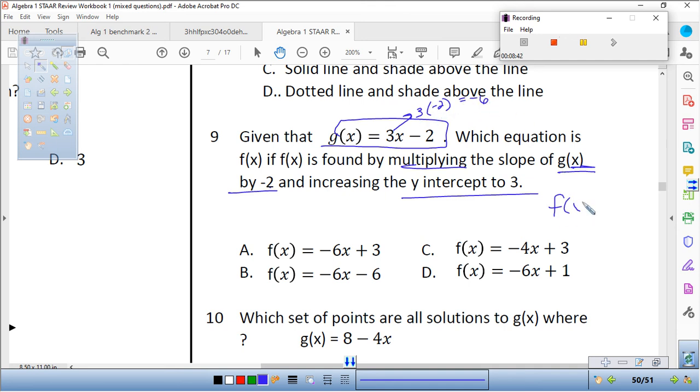So f of x now has a slope of -6x, all right? Increasing the y-intercept to 3. The y-intercept here, I don't even care anymore. They're saying change that to a 3. So that one's good. -6x plus 3, and there it is.